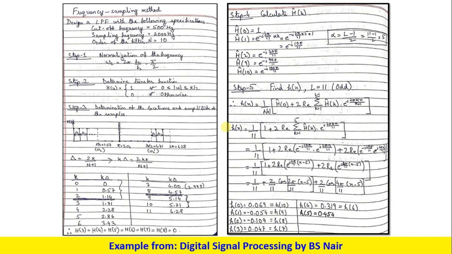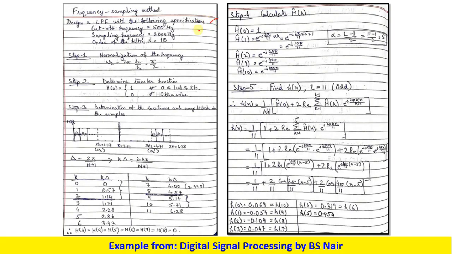So today we will be starting with the frequency sampling method, which is also regarded as the Fourier transform method without using the window. Here we have this question: design a LPF with the following specifications.